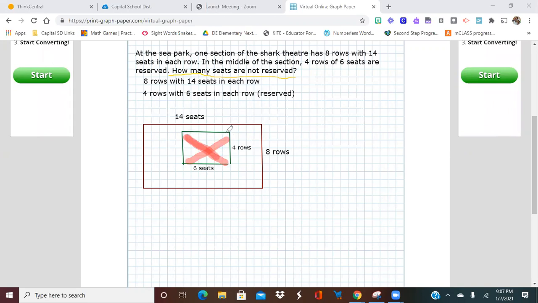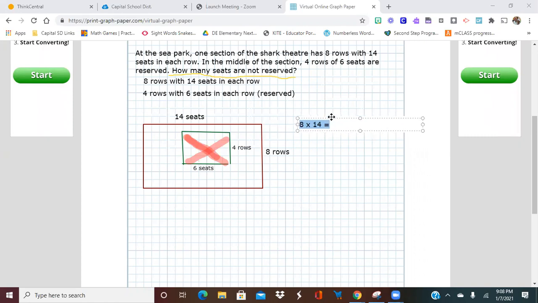So, I know I have 14 seats, okay, and 8 rows total. So I need to find out how many seats altogether I have in those 8 rows. That means I'm going to multiply my 8 rows times my 14 seats in each row. Let me make that a little bit bigger for you guys. Might be a little bit too big. Give me 1 second.